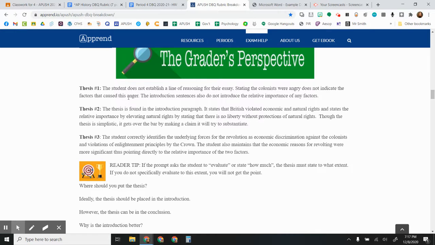And of course, the third one, the student correctly identifies the underlying forces for the revolution as economic discrimination against the colonists and violations of Enlightenment principles by the Crown. Student also maintains that the economic reasons were more significant. Okay, so that answers that relative importance question.